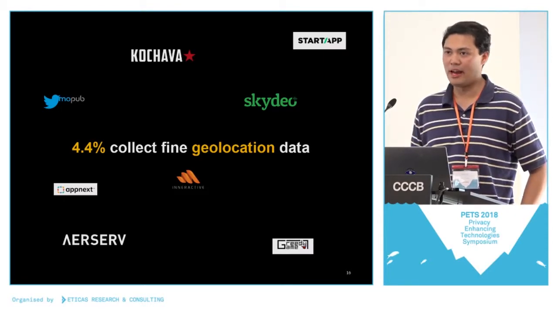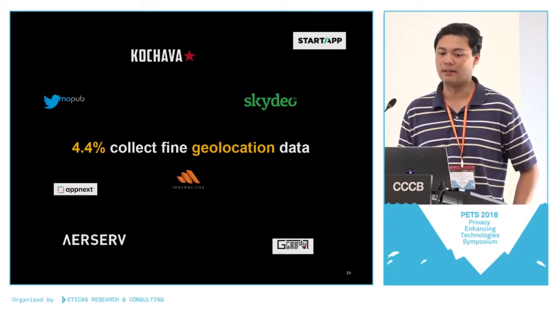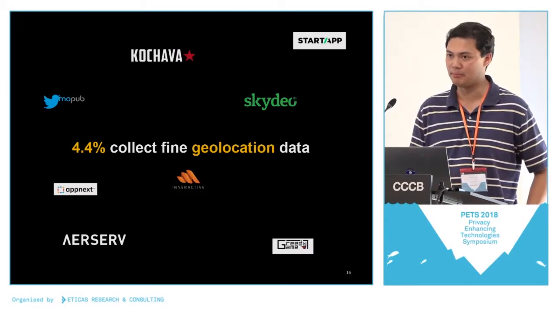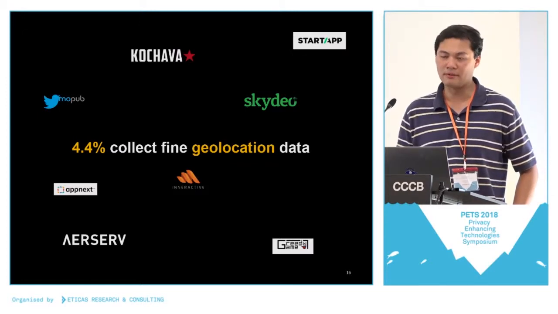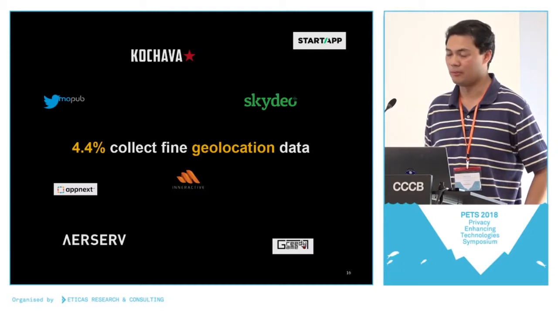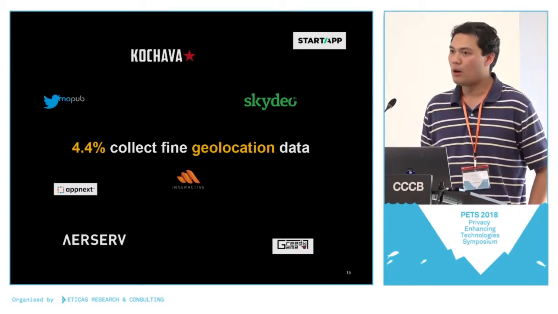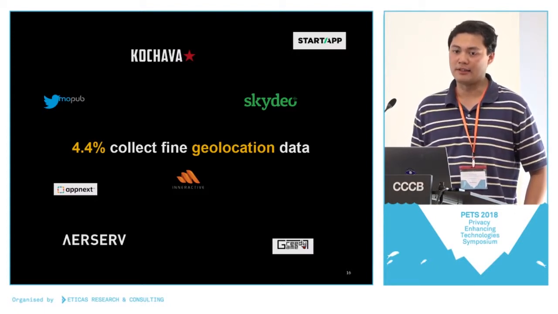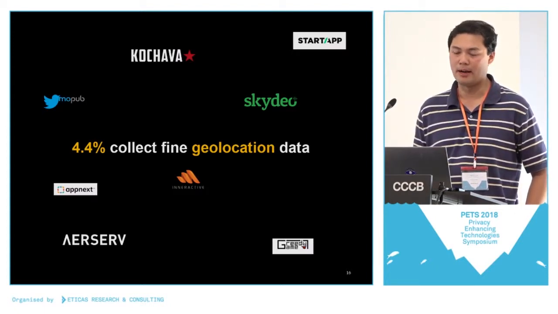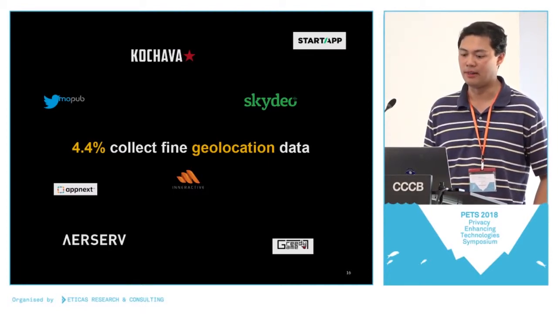We found apps that were accessing the device's GPS capabilities and then exfiltrating that data to domains that belong to various advertising networks. We also found apps that were accessing data about Wi-Fi routers, which can be used to infer geolocation with high accuracy.